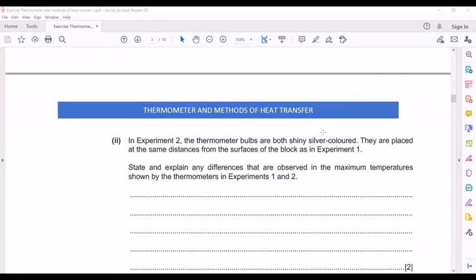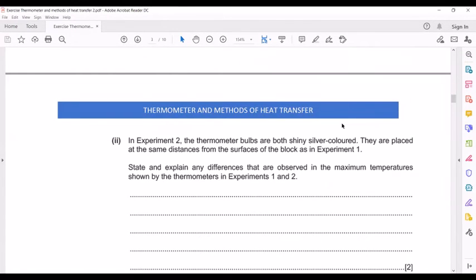In an experiment, the thermometer bulbs are both shiny and silver colored.